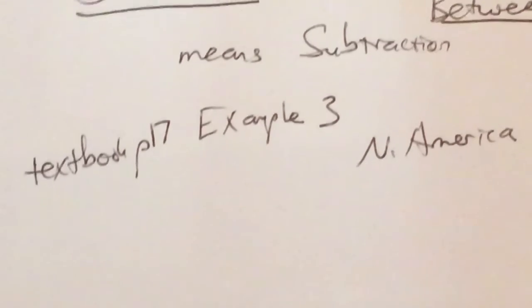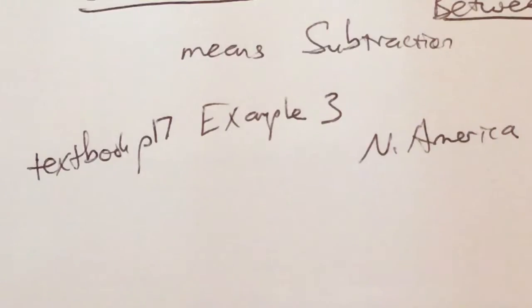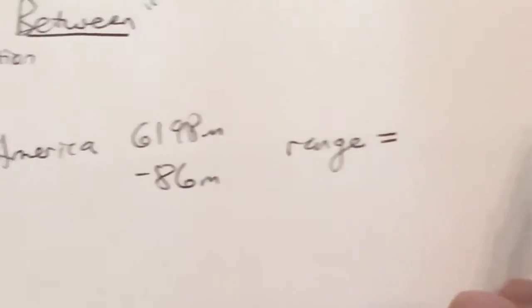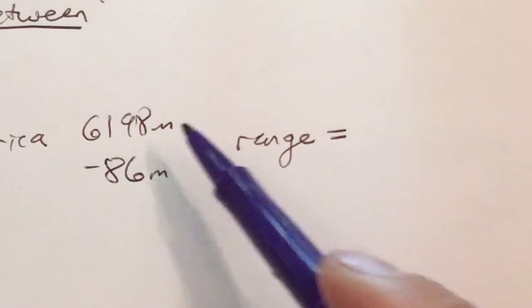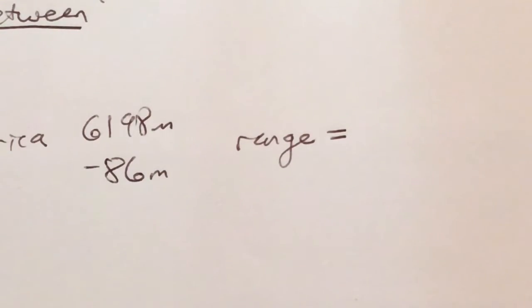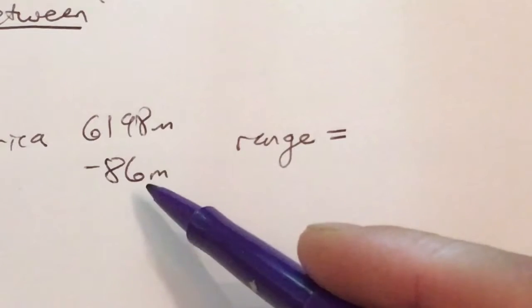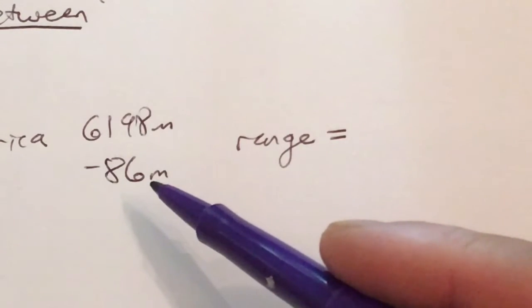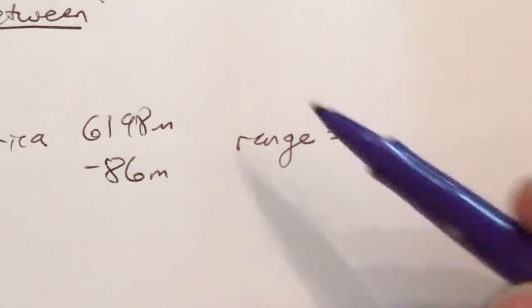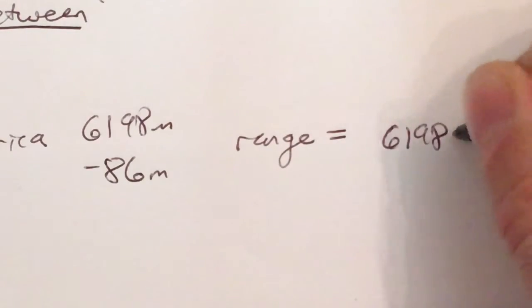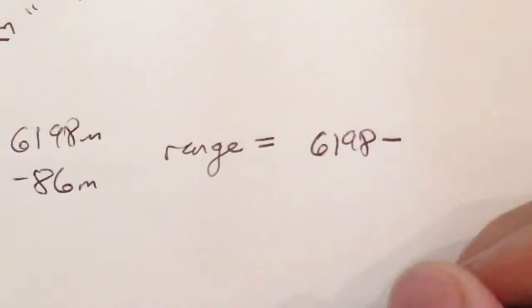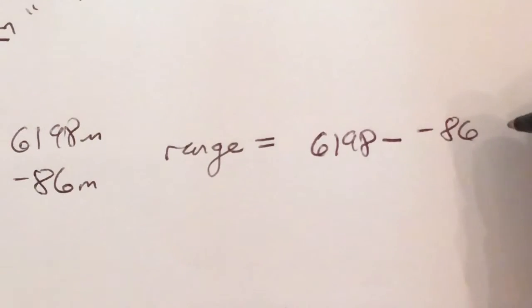Okay, so here we are. The example on page 17, North America. Its highest point is 6,198 meters. I think that's like Mount McKinley in Alaska. And negative 86 meters. It's like somewhere in Death Valley, California, I think. So the range, the difference between those heights, is 6,198 minus negative 86.